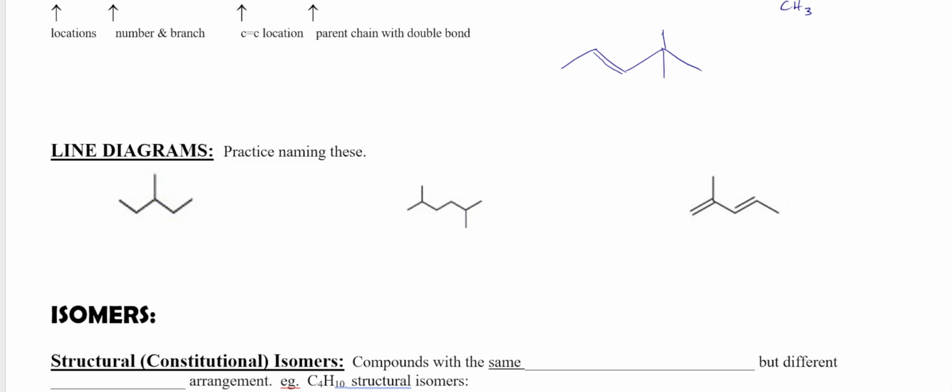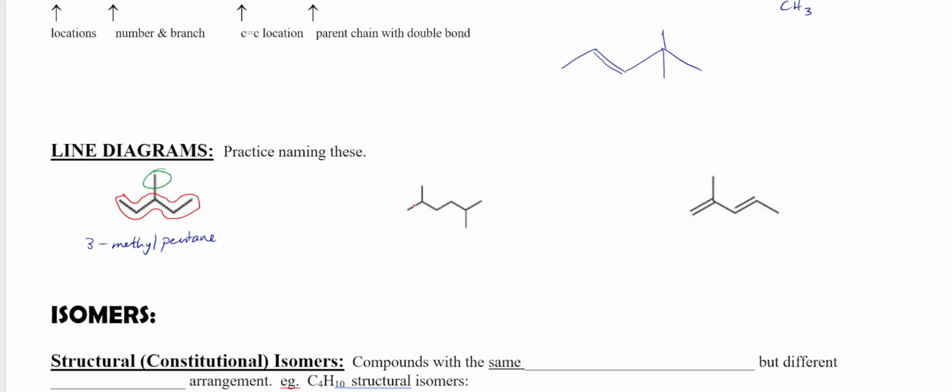Okay, so as always, we start by looking for the longest continuous carbon parent chain. So this is this right here. So that's 5 carbons, all single bonded. So that's pentane. And as you can see, I have a methyl group coming off of that on the third carbon. So I say 3-methylpentane.